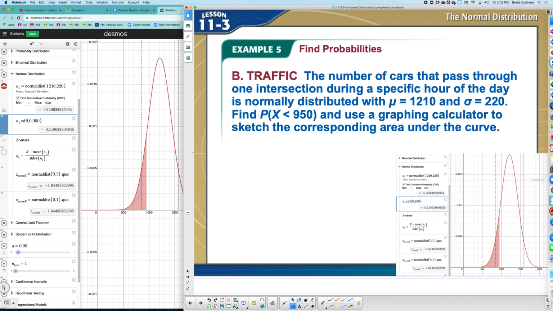Here, the probability of having less than 950 vehicles drive through that intersection is approximately, I'll just use their decimal, 0.1186.